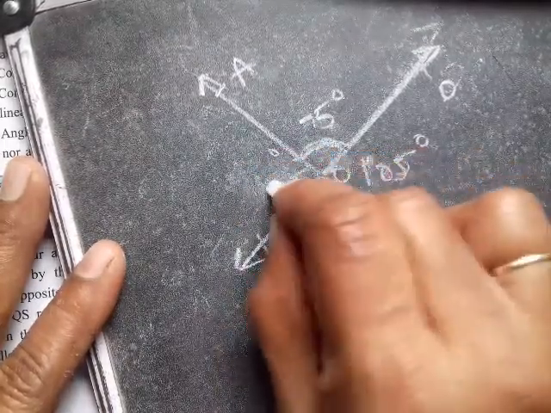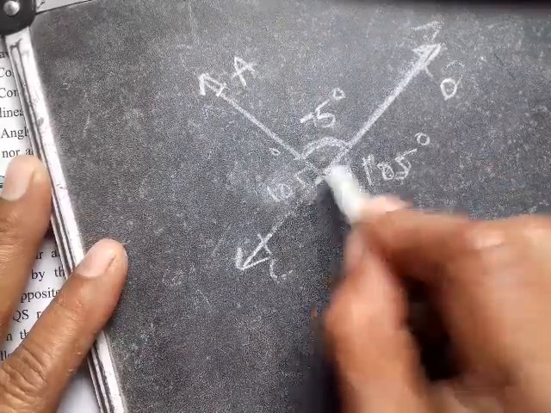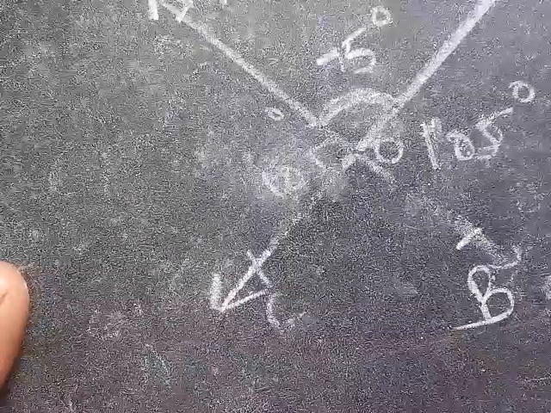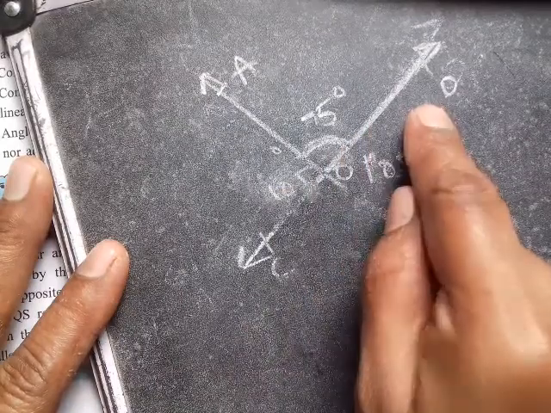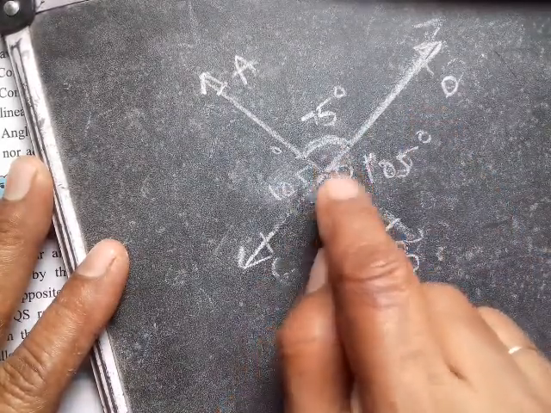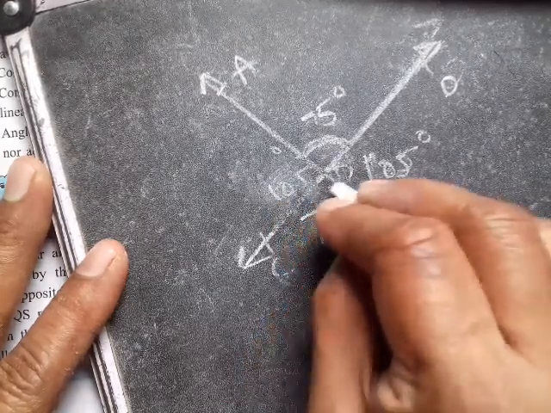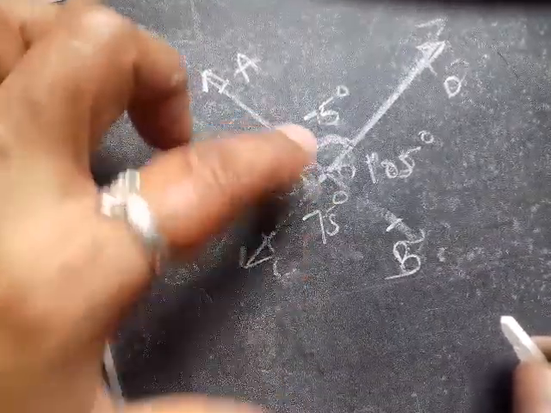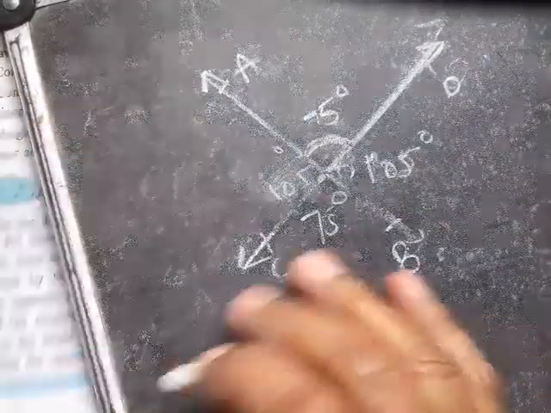Again, angle BOD forms a linear pair with BOC, and 180 minus 105 gives 75. Then you observe that the opposite angles 1 and 3 are congruent and these two are congruent. So vertically opposite angles are always congruent.